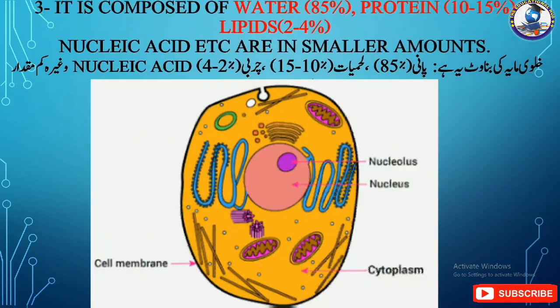If we talk about the composition of a cytoplasm, cytoplasm is composed of water about 85%, proteins about 10 to 15%, lipids about 2 to 4%, and the nucleic acid and other inorganic salts are present in very small amounts.